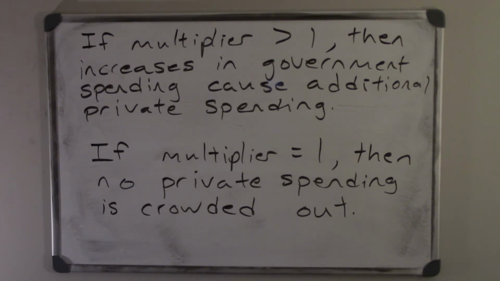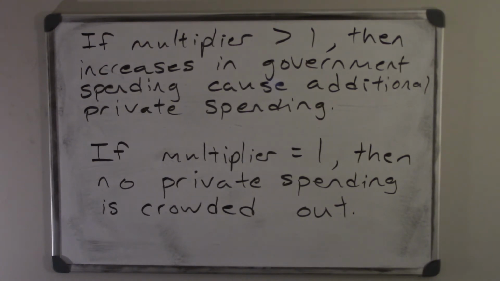Say the government increases spending by $100 million, so we get that $100 million worth of increased aggregate demand. But we also get an additional boost to consumption spending or investment spending, wherever it may be.